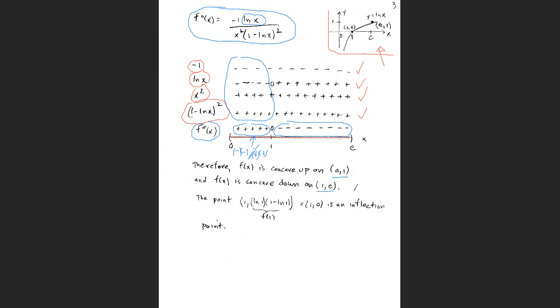And since concavity changes at x equals 1, the point on the function, the point 1, f of 1, which is computed to be (1, 0), is an inflection point. Please let me know if you have any questions.